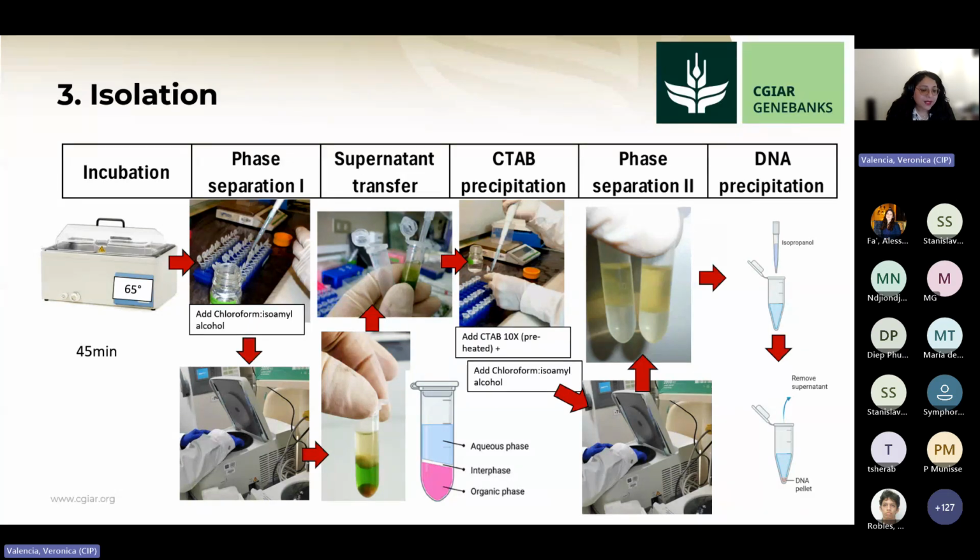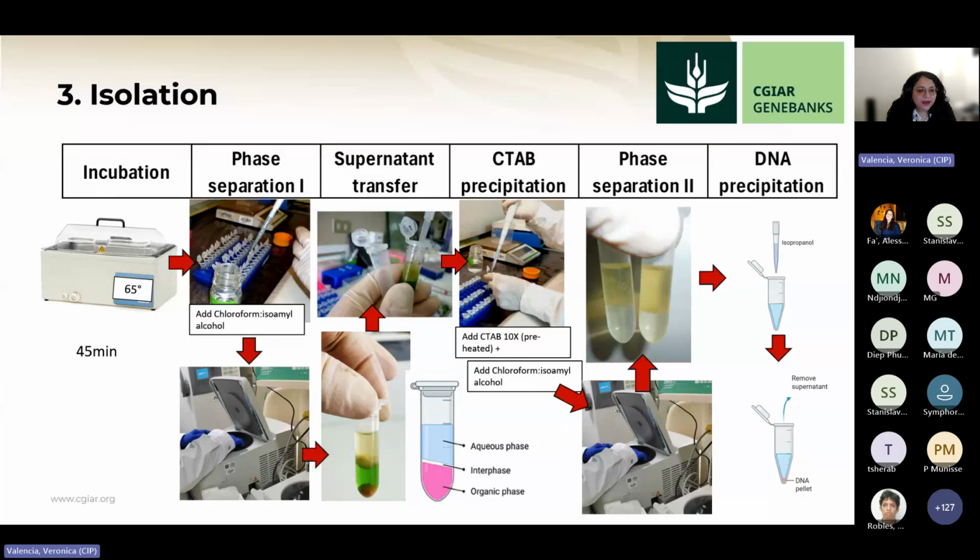So the ceramic bit goes to the bottom. Then you have the organic phase and the interface with the chloroform and the rest of the tissue. And here our DNA is with the CTAB in the aqueous phase. So the aqueous phase is the one we're interested in.